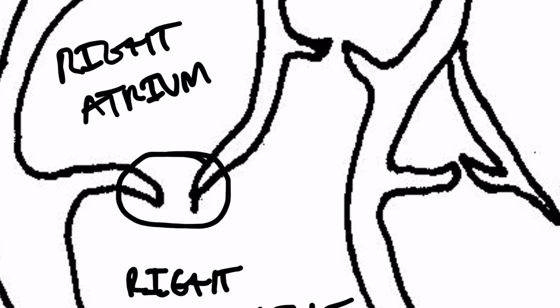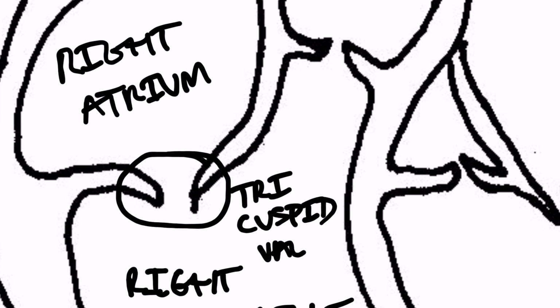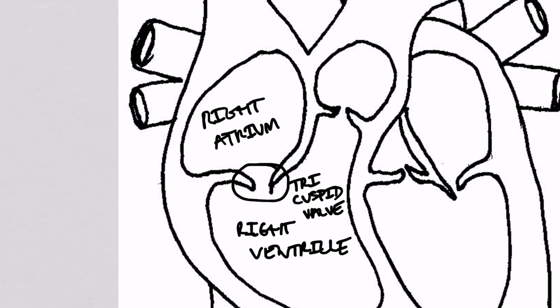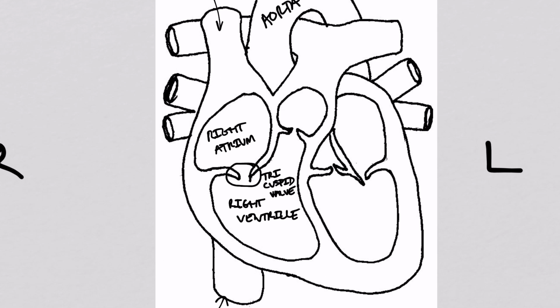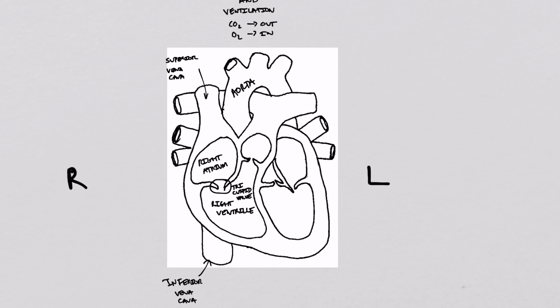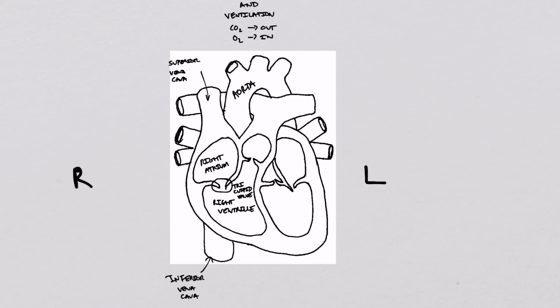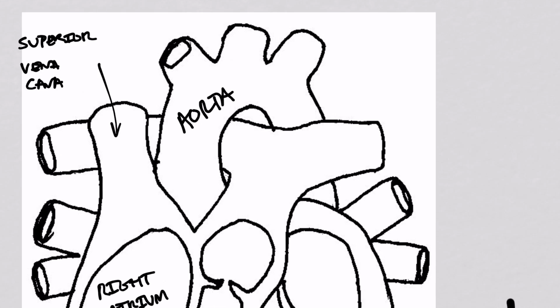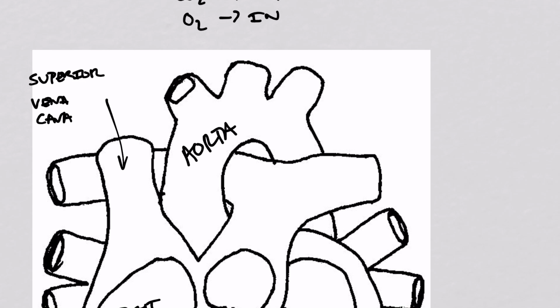It's a valve, called the tricuspid valve. It's got kind of 3 different sections or segments to it that all come together and close. Okay, and then from the right ventricle, we're going to go up here to this section right here.